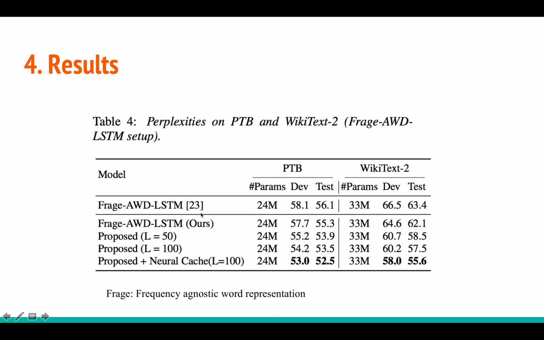Now they have done the same experiment with something called FRAGE, attention based LSTM models. FRAGE is basically frequency agnostic word representation. This is again a 2018 paper, I guess. You can check it out, it's in reference section 23. If they use that FRAGE LSTM setup instead of the plain LSTM setup, they get even better performance.